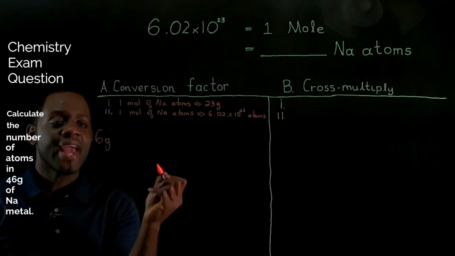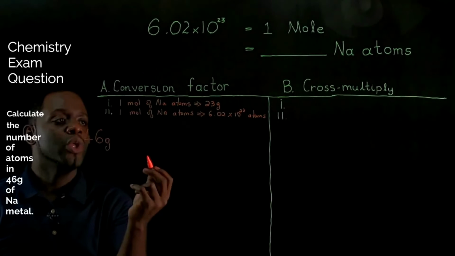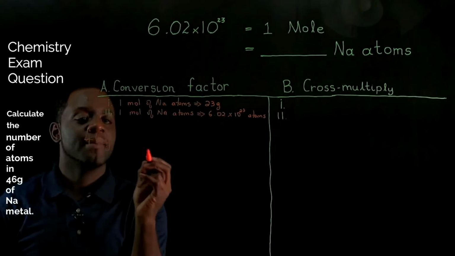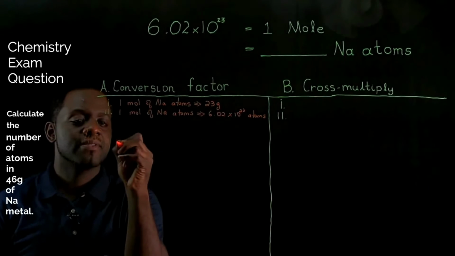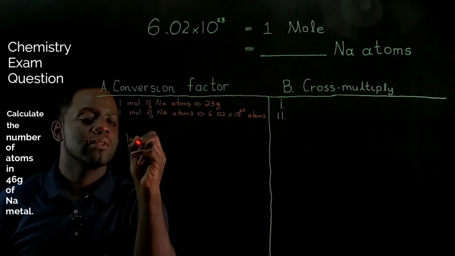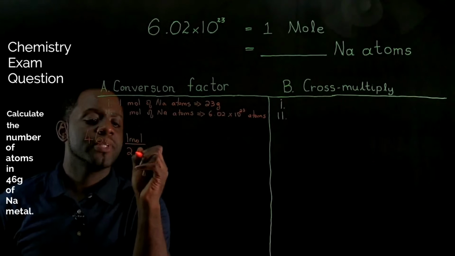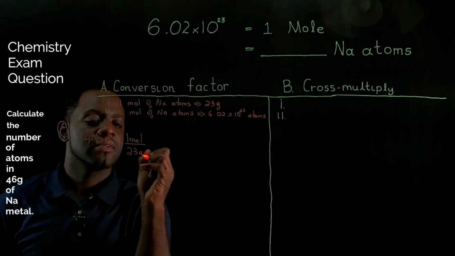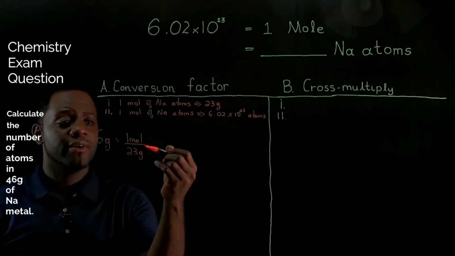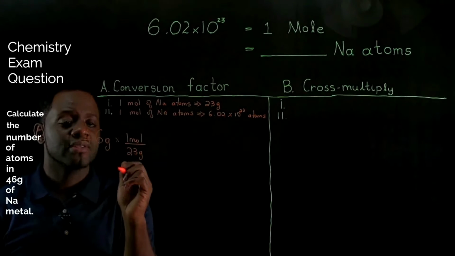Since we want to be able to cancel this unit here, grams, then we would put the 23 grams as our denominator. So times 1 mole divided by 23 grams. We could have written this fraction the other way around, but it would not enable us to cancel our units.